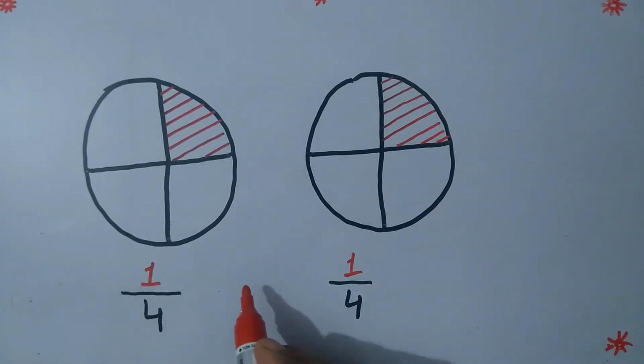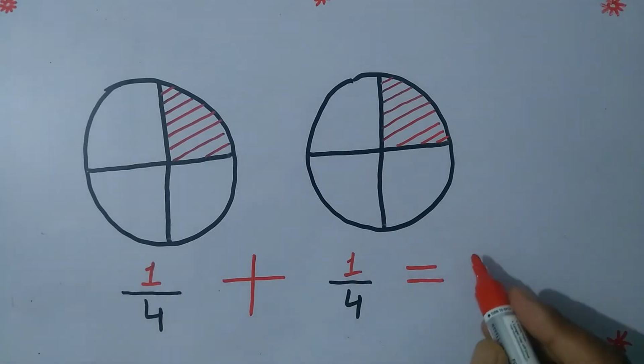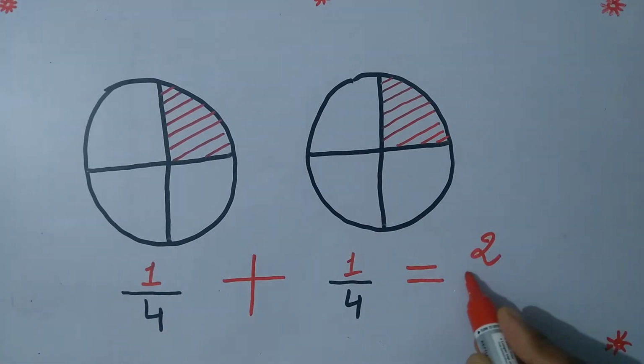So if we add these two fractions, what is the sum? The sum is 2 upon 4.